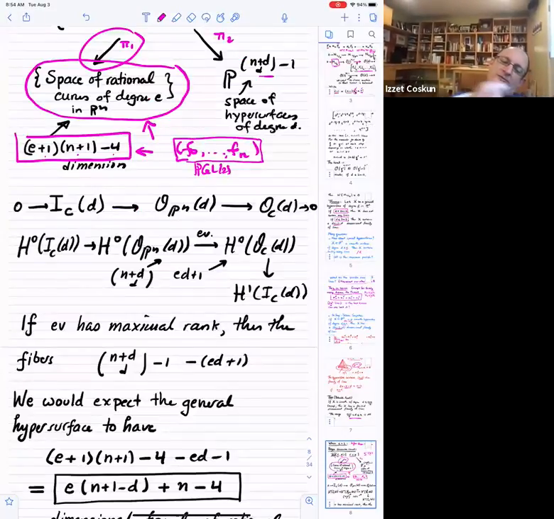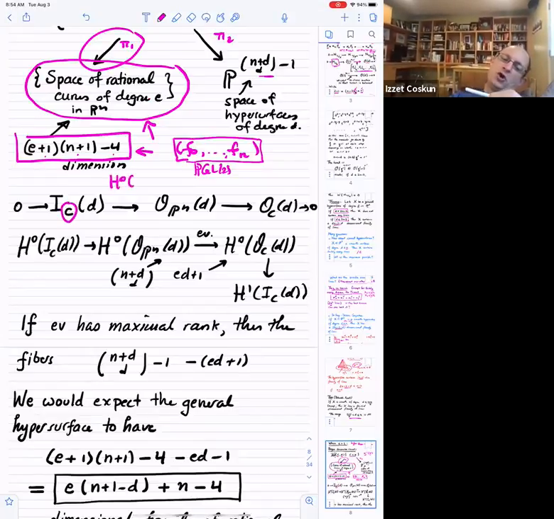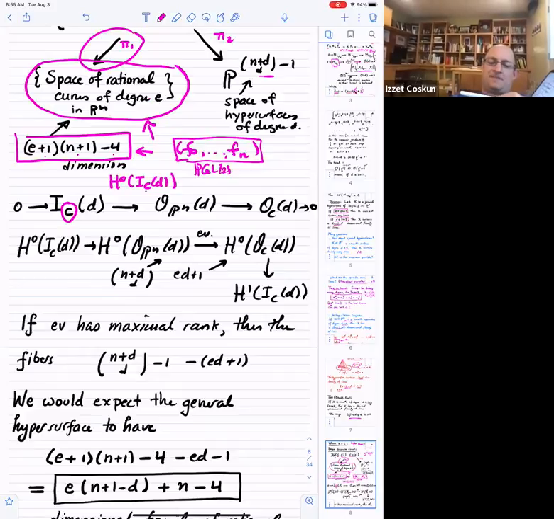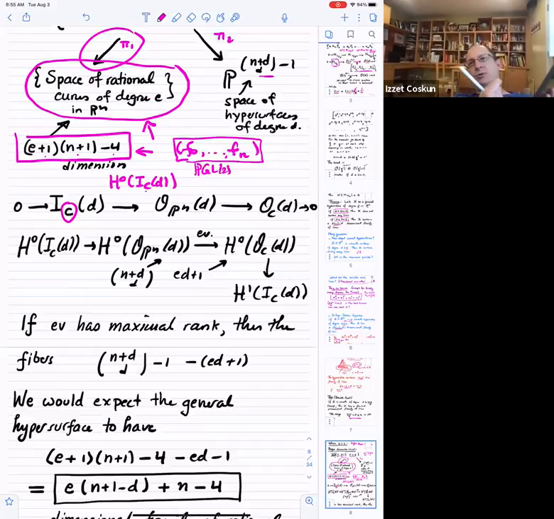If you fix the curve C, the fiber is the hypersurfaces of degree d that contain that curve. It's like the degree d equations in the ideal of the curve, so I can count the dimension of the space of degree d equations in the ideal of the curve.